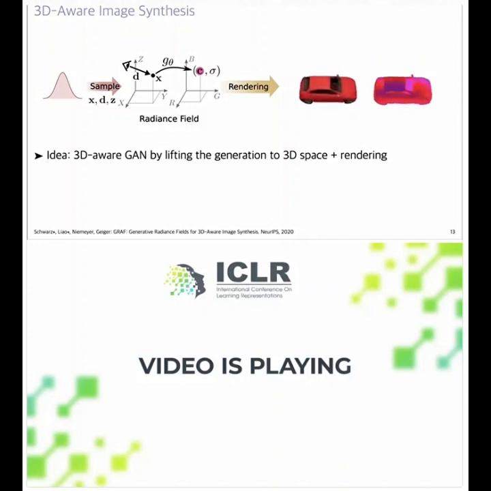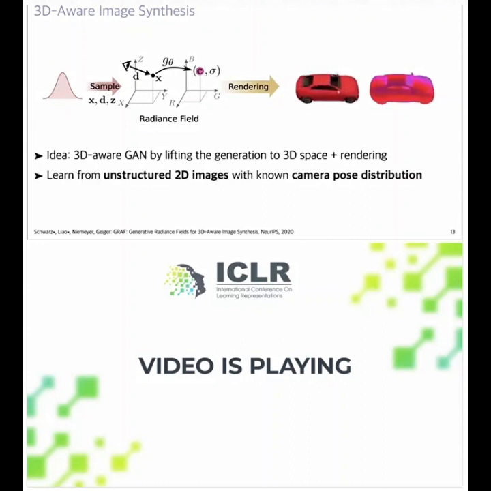This is then fed into the discriminator and receives adversarial loss for training. This training pipeline allows us to learn from unstructured 2D images. We do assume that the camera pose distribution is given, because we need to sample a camera pose to render an image during training.